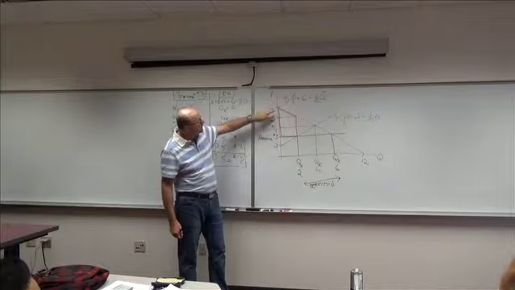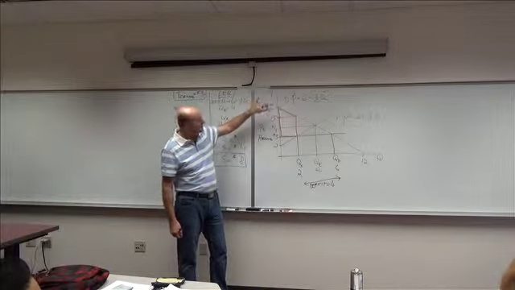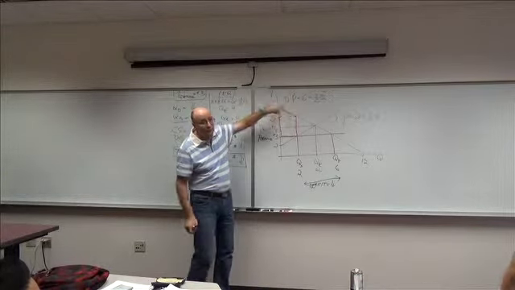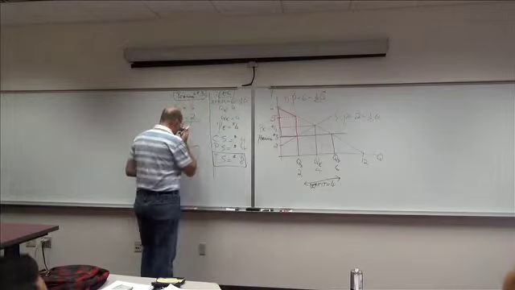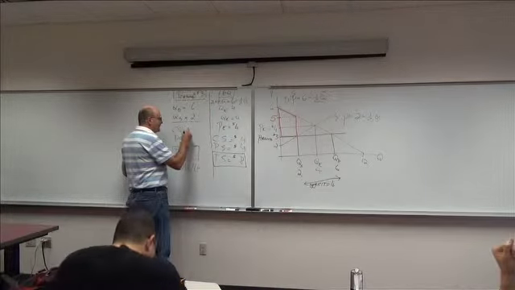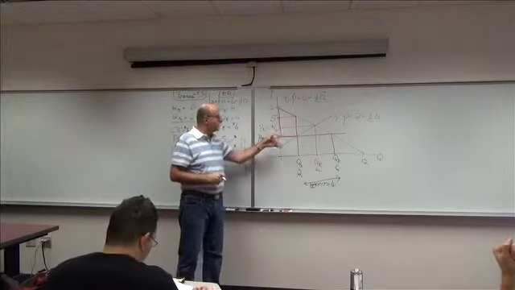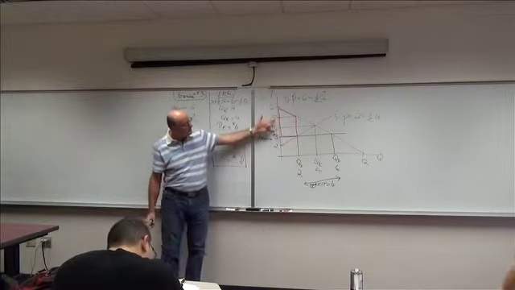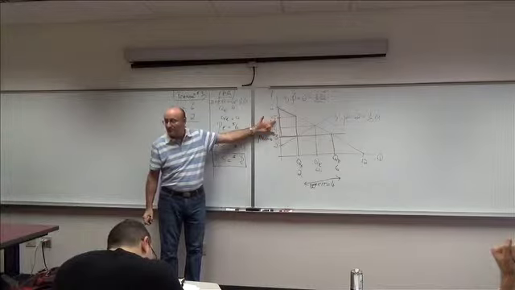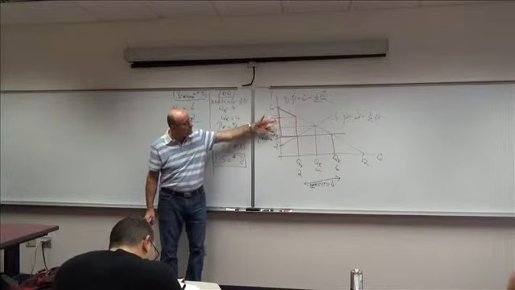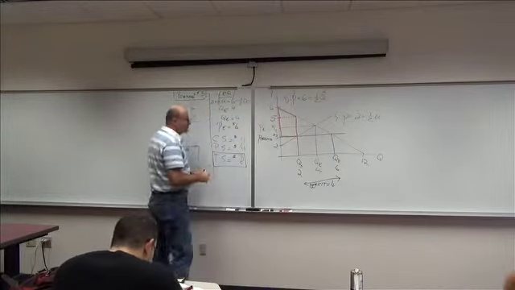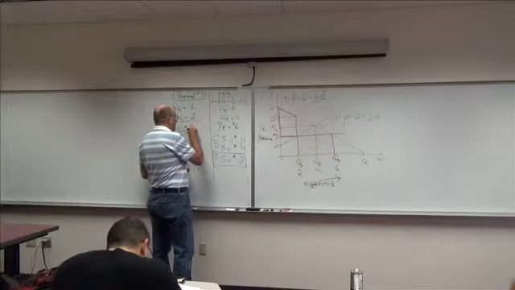How tall is it from 5 to 6? 1 times 2 divided by 2 is 1. Plus the area of the rectangle. How tall is the rectangle? 2 times 2 is 4.